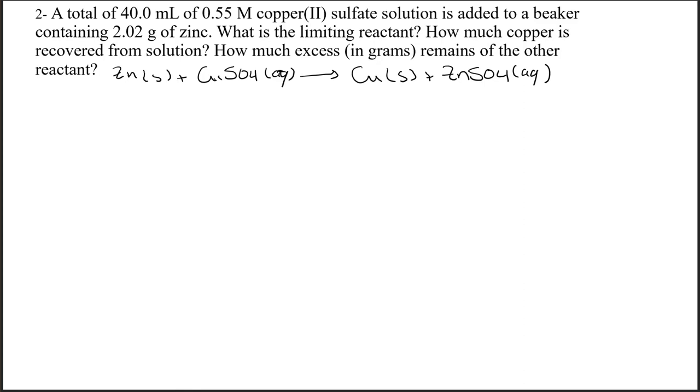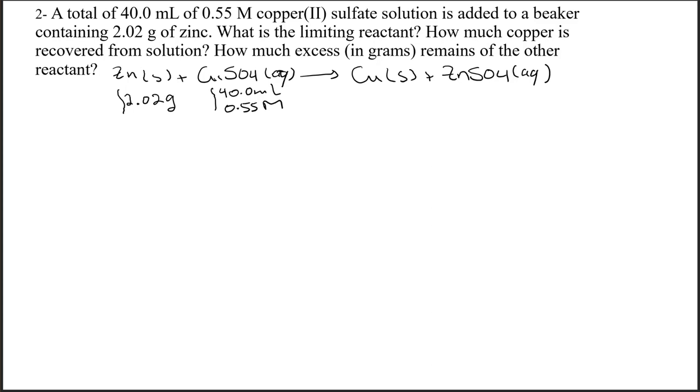And the reaction is balanced. So now let's see what's given to us. We have a total of 40 milliliters of 0.55 molar copper 2 sulfate. So we have 40 milliliters of 0.55 molar copper 2 sulfate solution, and we add this to 2.02 grams of zinc.